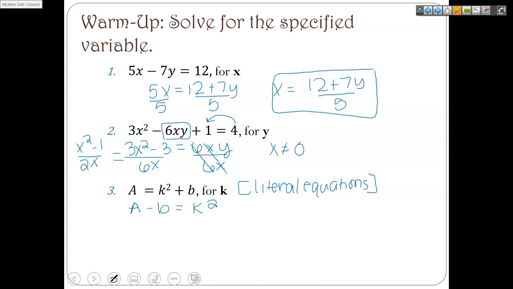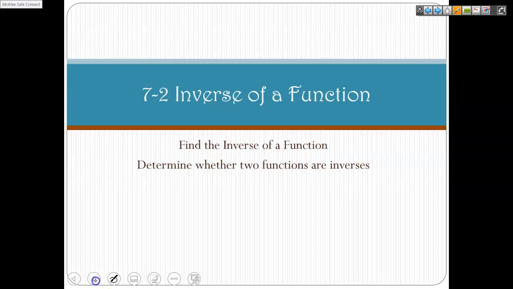So k is equal to plus or minus the square root of a minus b, meaning that there are 2 answers for k. So if you take the square root, you must put in plus or minus. A square root is there, we don't add it. And again, that's super important for today.